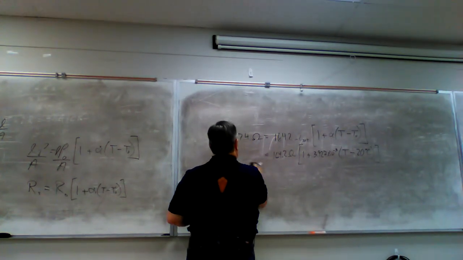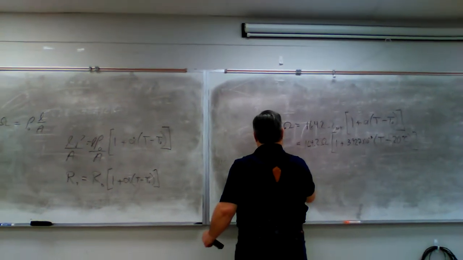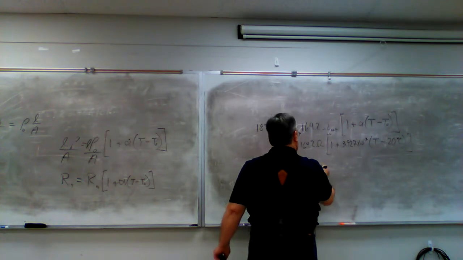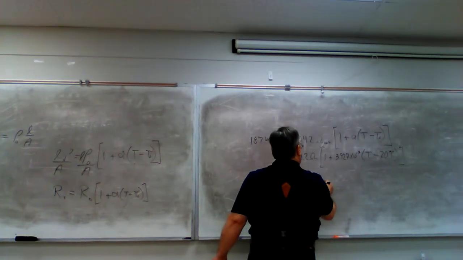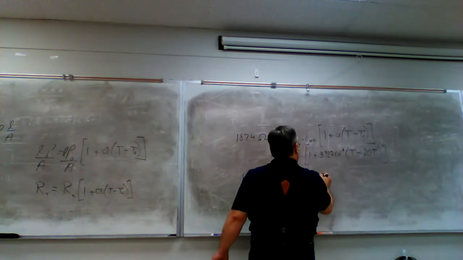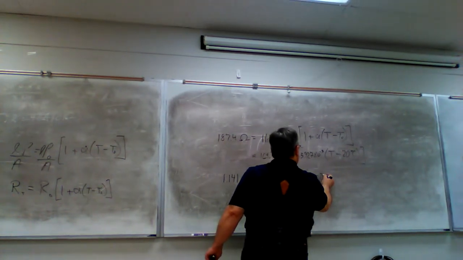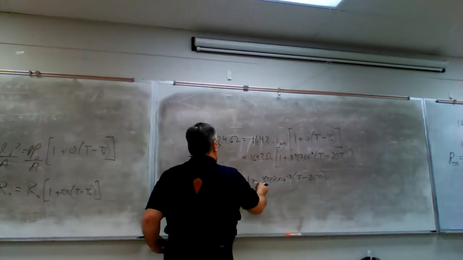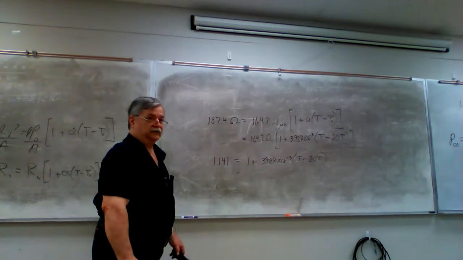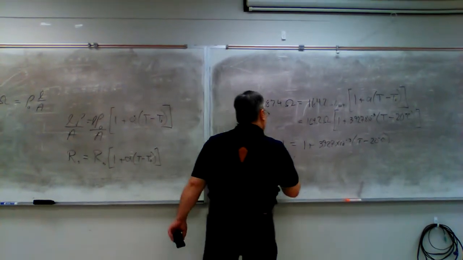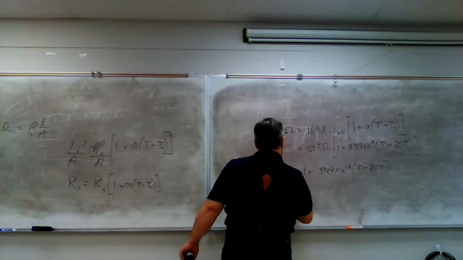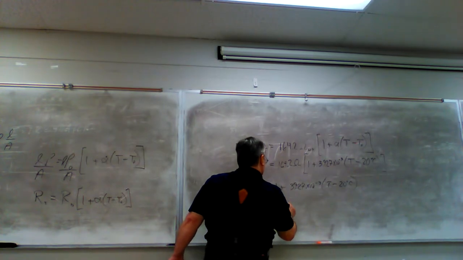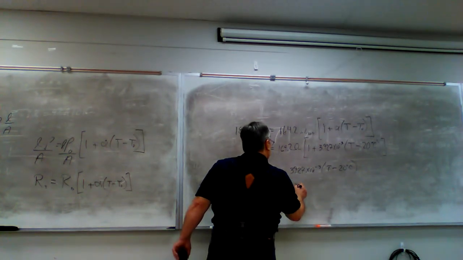Okay. And that's equal to 1 plus 3.927 times 10 to the minus 3. All right. We subtract 1 from both sides. Don't need a calculator to do that. 0.141 equals 3.927 times 10 to the minus 3.